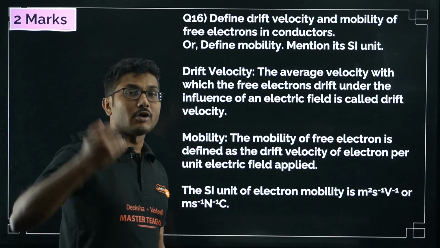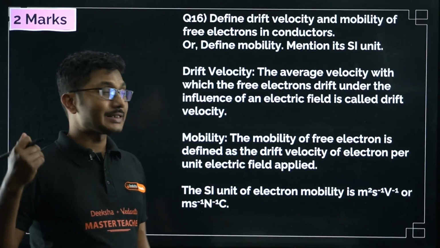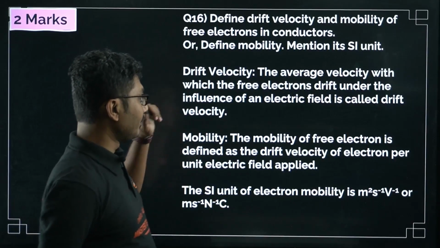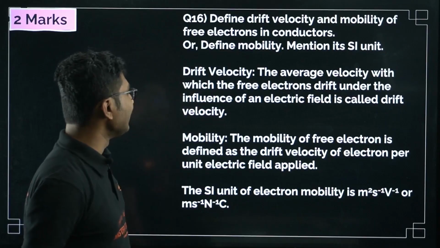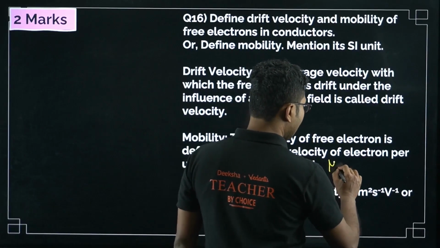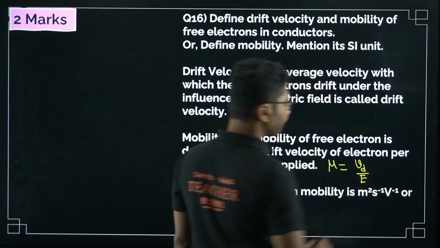Mobility of free electrons is defined as the drift velocity of electron per unit electric field applied.